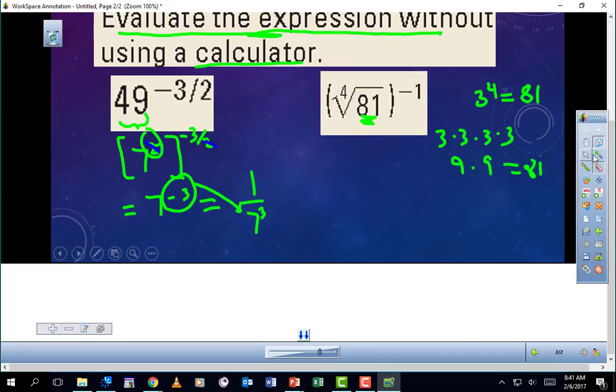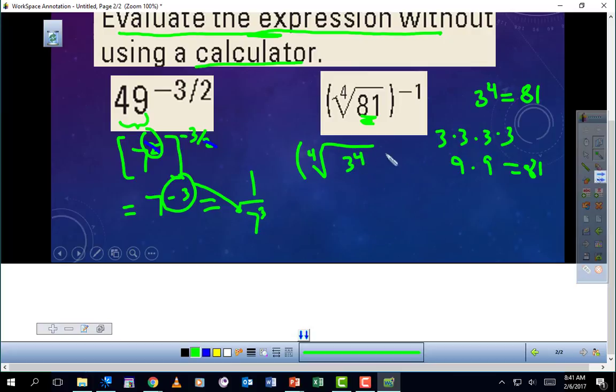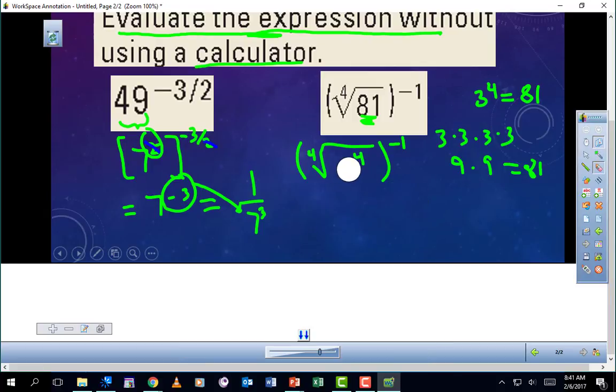So hopefully you determine quickly that this can be written as the 4th root of 3 to the 4th power, and then we have this raised to the negative 1. Well, it looks like 34, doesn't it? I'm going to rewrite that.